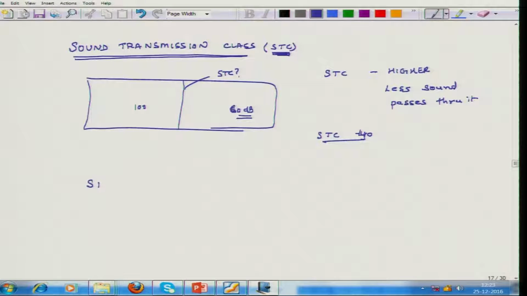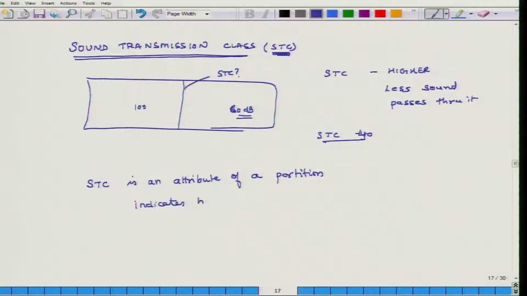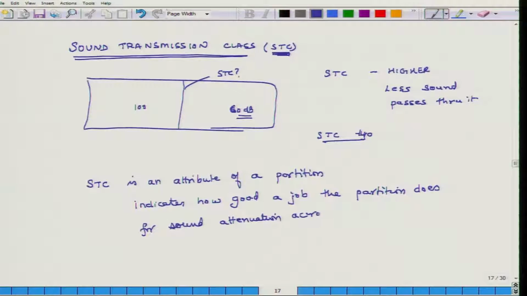So, STC is an attribute of a partition, and it indicates how good a job the partition does for sound attenuation across it.